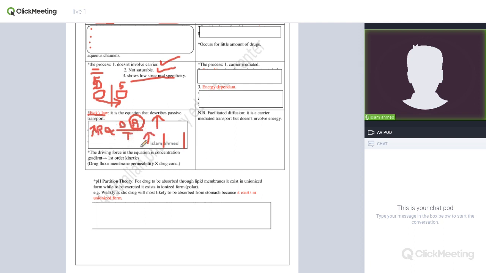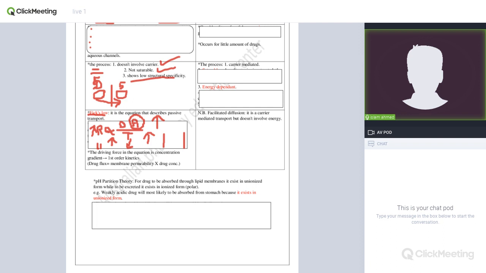And if the thickness of the membrane is small, a small value, that means we will have a higher rate of passive diffusion. This is simply the equation. Direct proportion means an increase in the factor gives an increase in the result. Inverse proportion means an increase in the value gives a decrease in the result.